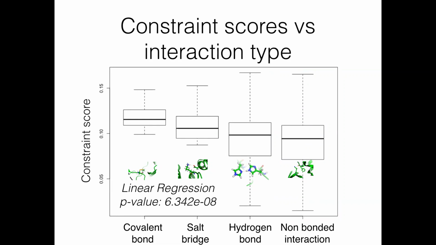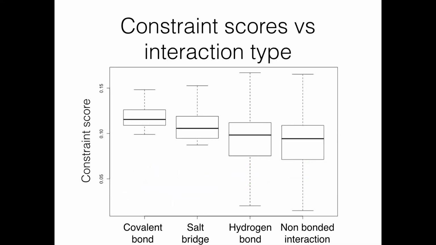What you see is that there are more constrained amino acids in the stronger bonds than in the weaker bonds, which is interesting because we can just detect what kind of interaction happens from the protein structures. And the example shown in the beginning is actually a hydrogen bond type.